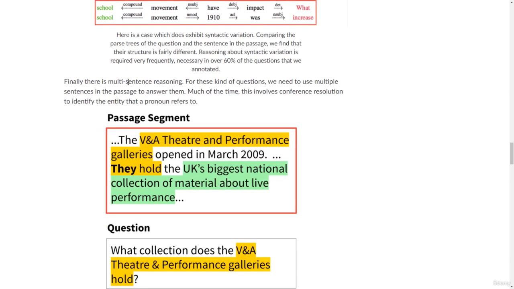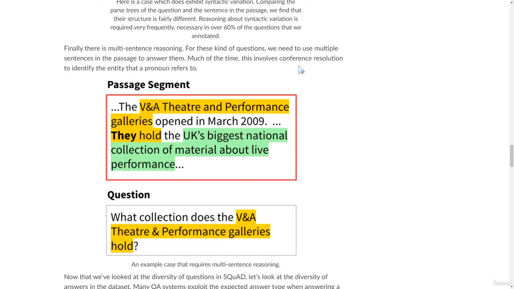Then finally, there is multi-sentence reasoning, and for this kind of question we need to use multiple sentences in the passage to answer them. In this example, we have the V&A Theater and Performance Galleries opened in March 2009. After this, we could have some text included right here.